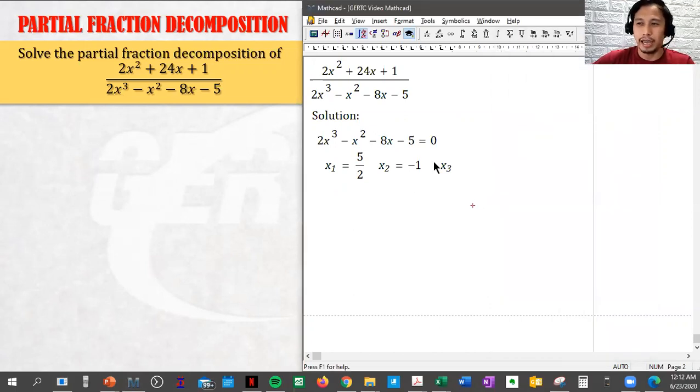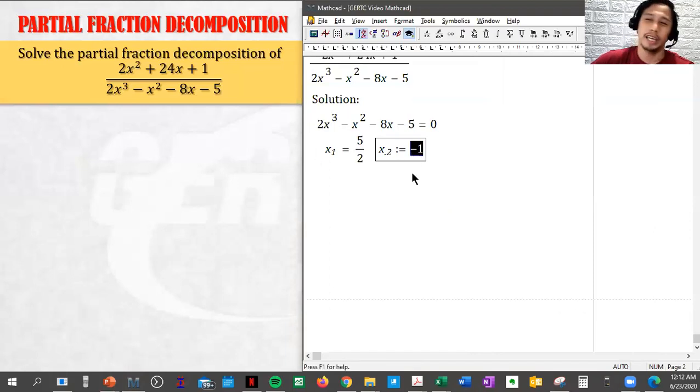Does it mean that X sub 3 is 0? Nope. That is not equal to 0, nor imaginary. No, it can't be imaginary. Well, the reason why there are two roots is because one of these roots must be repeating. Now, either this 5 halves repeats twice or this -1 repeats twice.